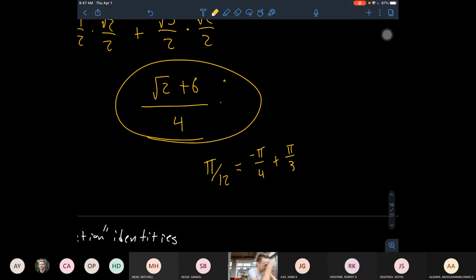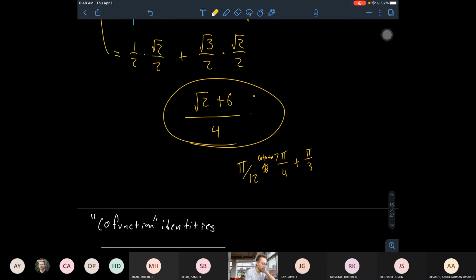Or you could say that pi over 12 is equal to 7 pi is coterminal to 7 pi over 4 plus pi over 3 or something like that would also work.